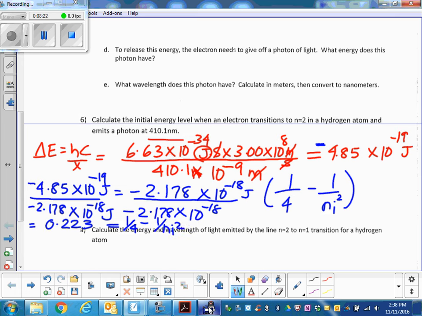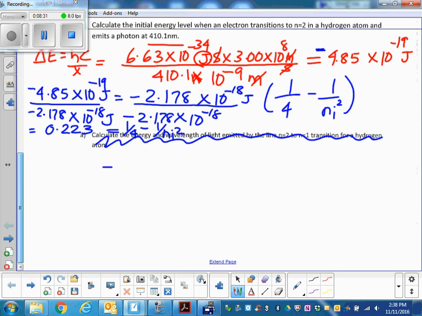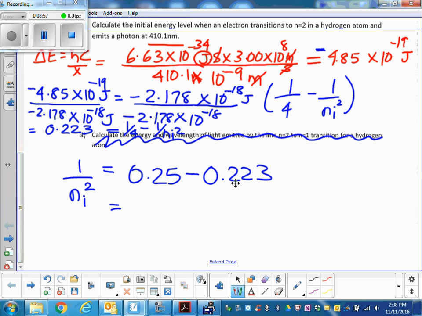Now for a moment, let me use the space to do the problem. If I take my Ni squared to the other side, 1 over Ni squared equals 1 by 4, which is 0.25, minus 0.223. Is 1 by 4 nothing but 0.25? When I brought it over to this side, it became negative.